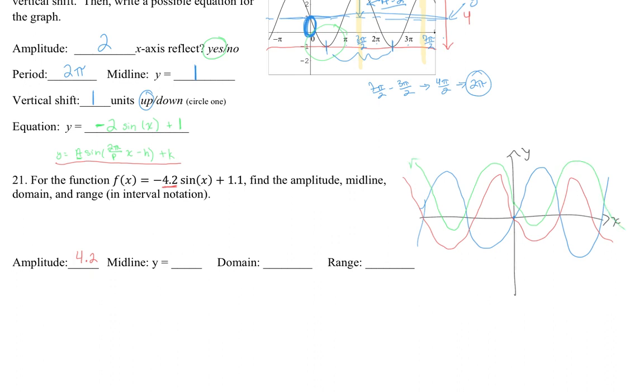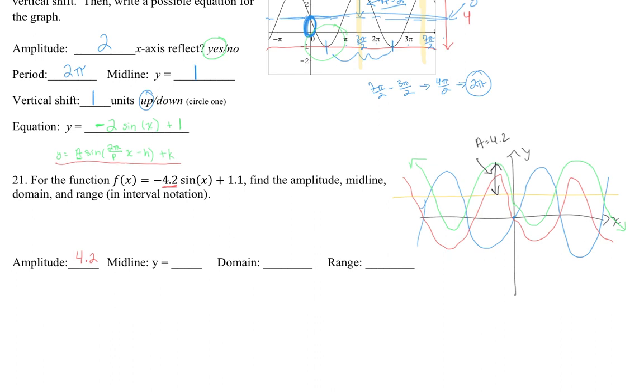So we're at the green line right now, right? And there's also an amplitude. So if our midline is somewhere here on our green line, we know our amplitude here is 4.2.